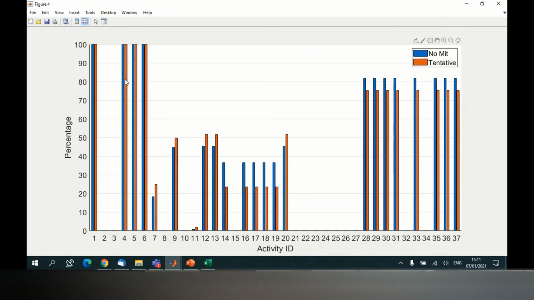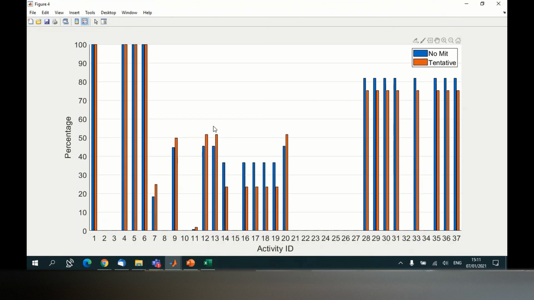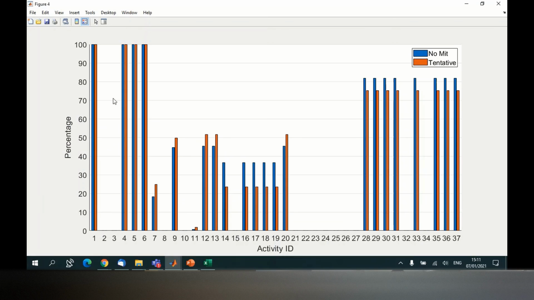To avoid this kind of problem, of having activities that are executed but still critical, you just have to remove these activities from your project because they are done. Then they will not be shown as activities, and you won't get critical activities that are already executed.